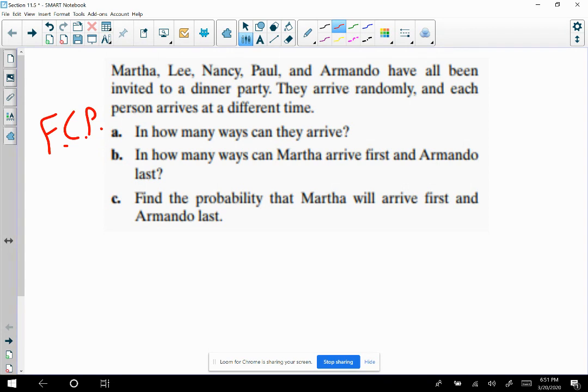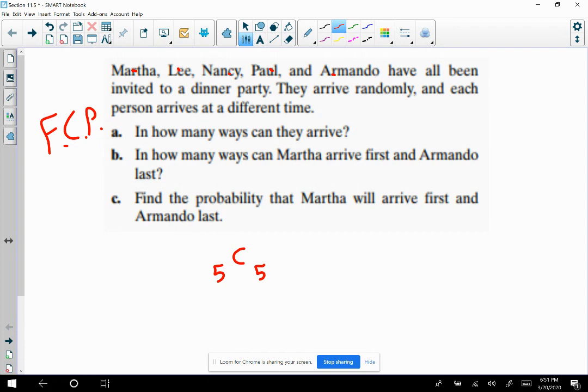Now, the reason why it can't be a combination, because if you're thinking, well, the order doesn't matter, if we ran an actual combination of this, which would be 5C5, because there are 5 people, 1, 2, 3, 4, 5. And if we are having all 5 of them come, I'm choosing 5 people to come. So that's why it's 5C5, 5 people total, and I'm having 5 of them come. Okay.